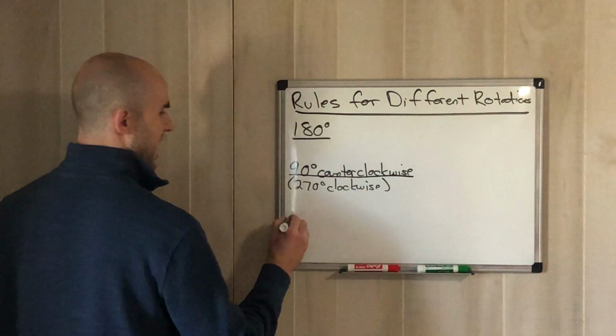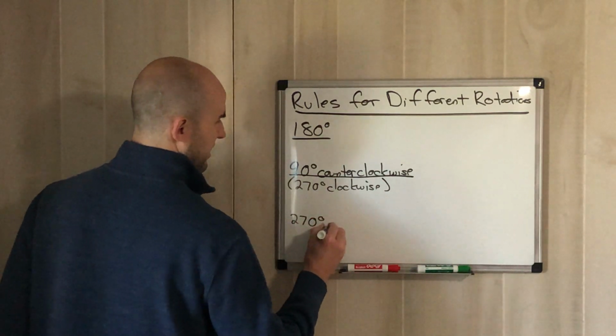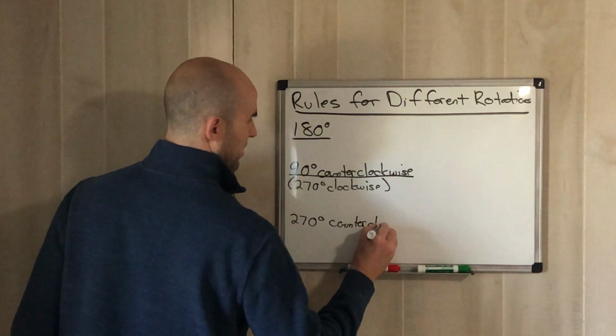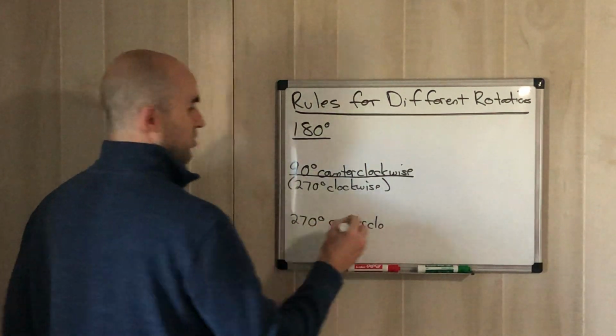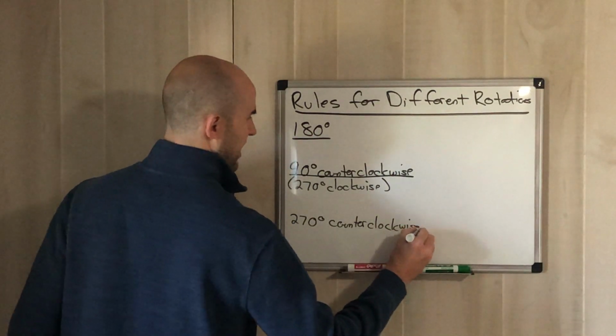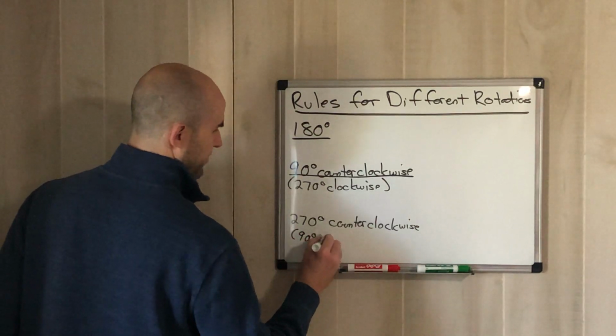So we have that, and then we had 270 counter, right? So there are rules when it comes to 270 counterclockwise, which is the same thing as saying 90 degrees clockwise, right?